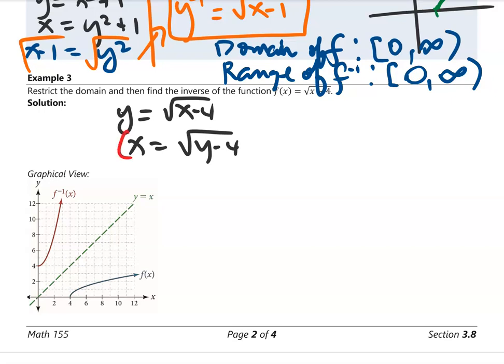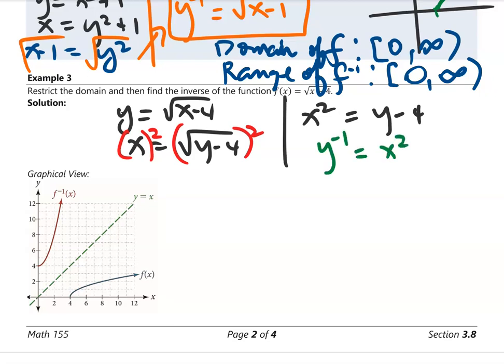And then we square both sides to get rid of the square root. So that is x squared is equal to y minus 4. And then we just have to add 4 both sides, so that the inverse is x squared plus 4.